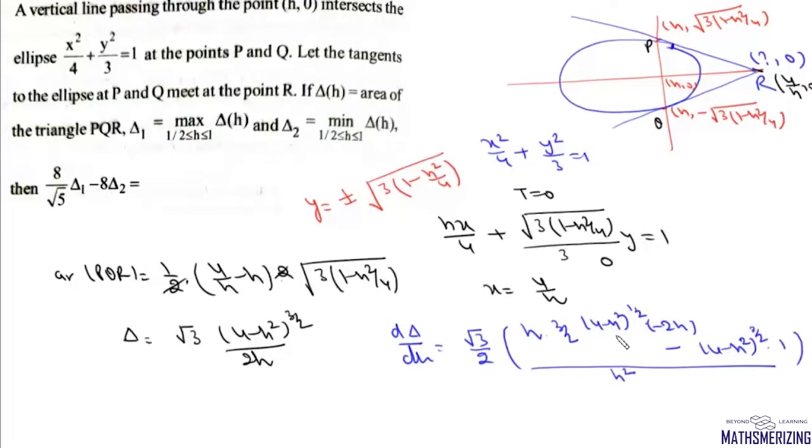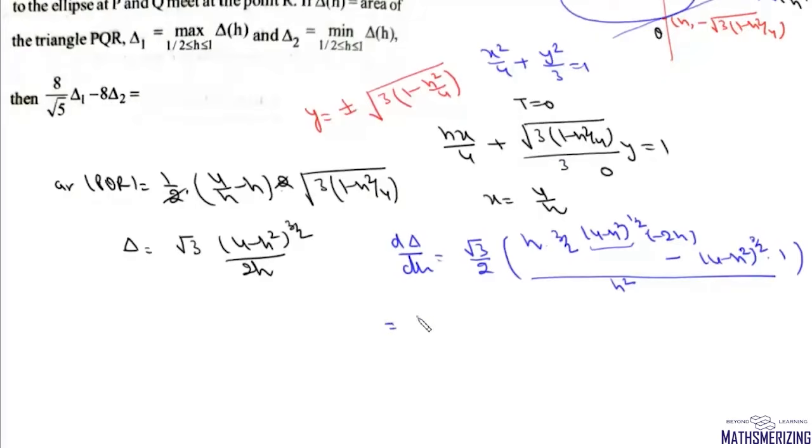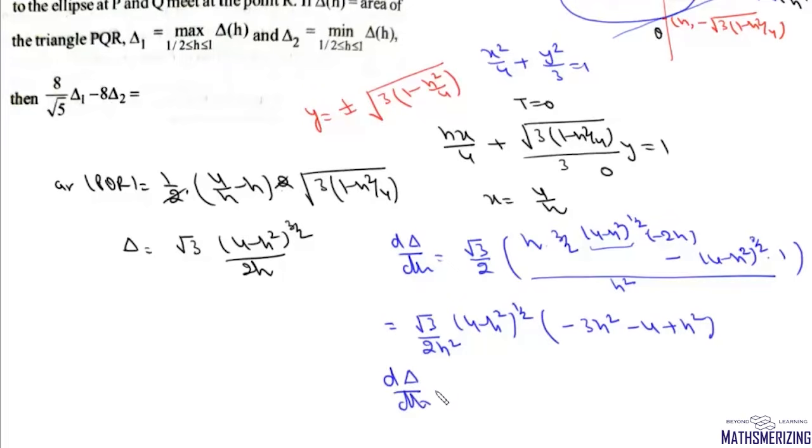So from here we will take (4 minus h square) to the power 1 by 2 common. Then we can write this as root 3 by 2, and we will also write this h square and (4 minus h square) to the power 1 by 2. Here we will have minus 3h square and then minus 4 plus h square.